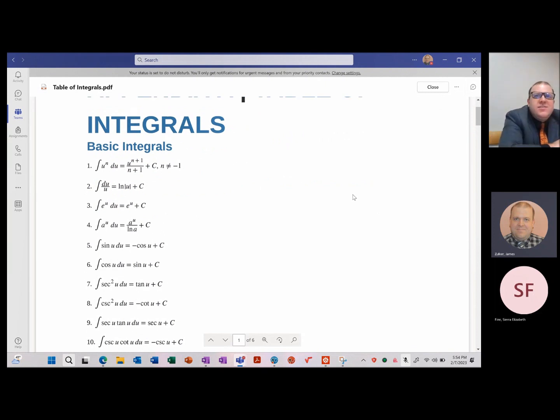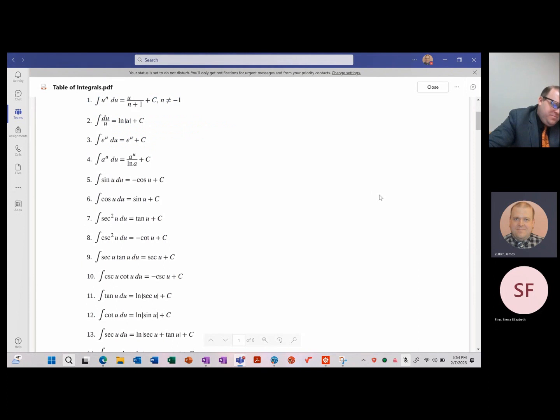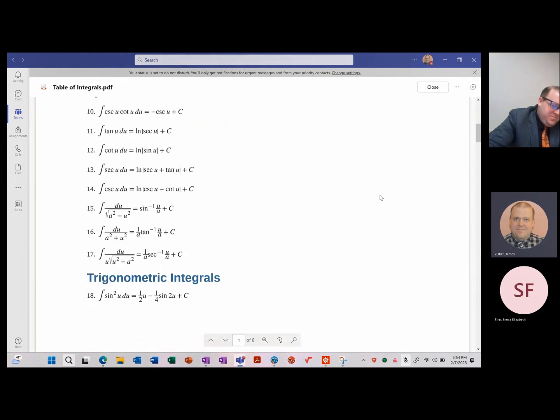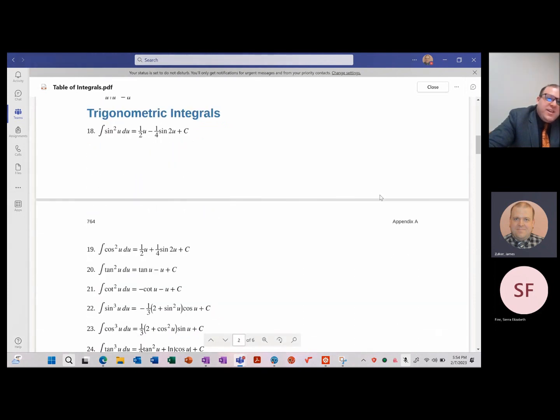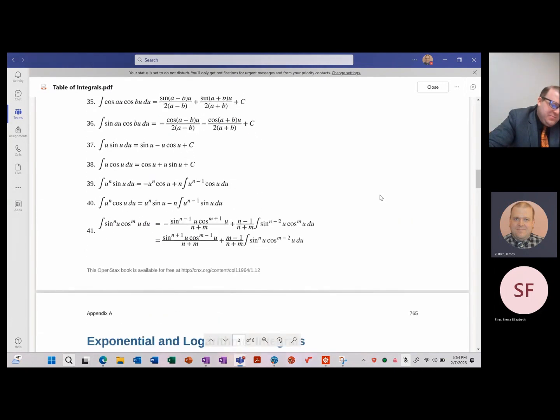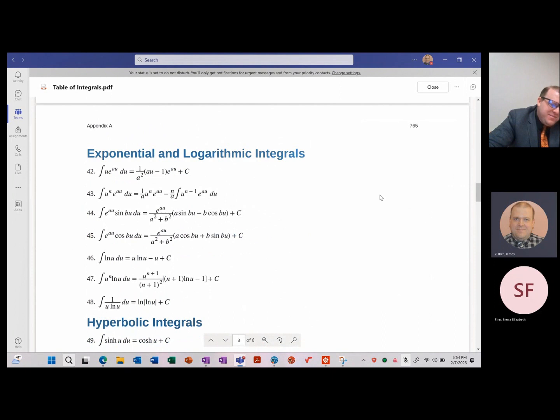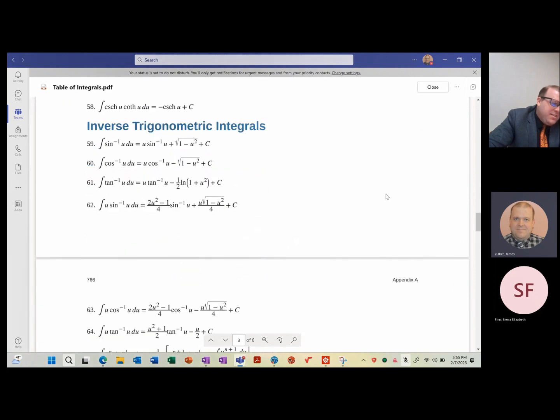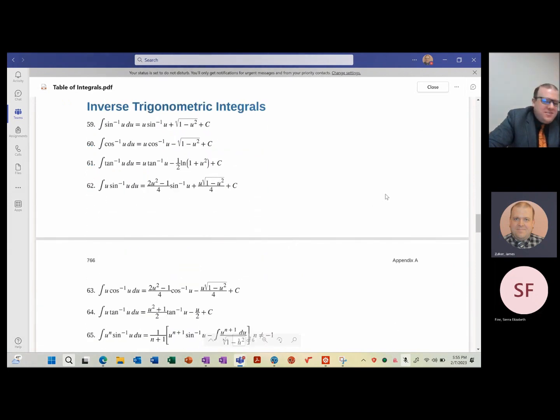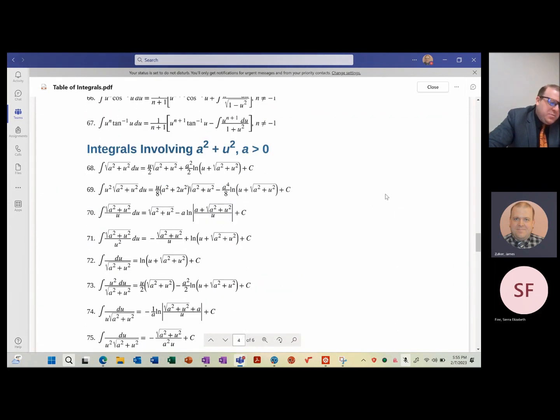Is it a basic? Is it trig? Exponential? Or logarithmic? We can skip hyperbolic. Inverse trig? A squared plus u squared?